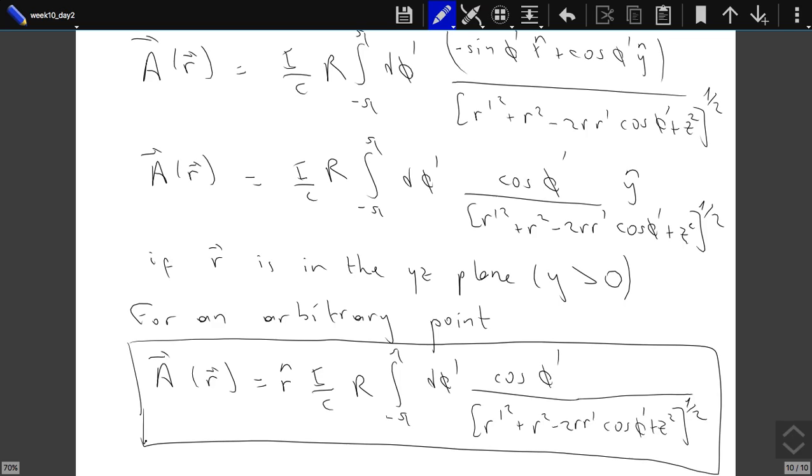Well, let's do one thing. If you remember from the electrostatic case, we have this dipole approximation. We are very far away from our current.